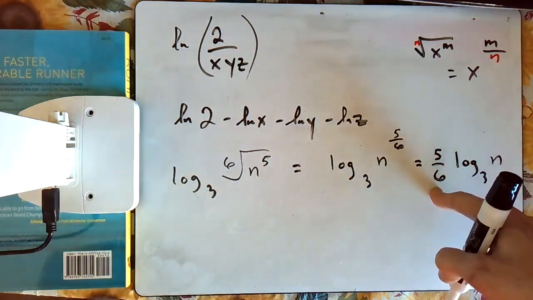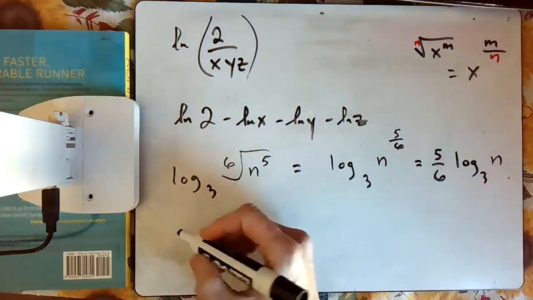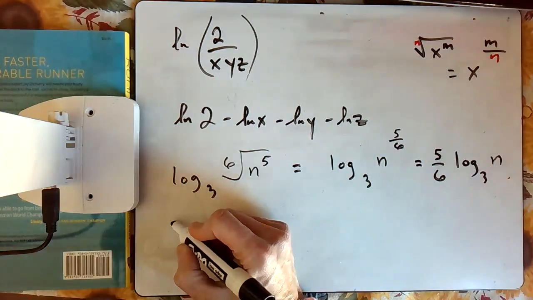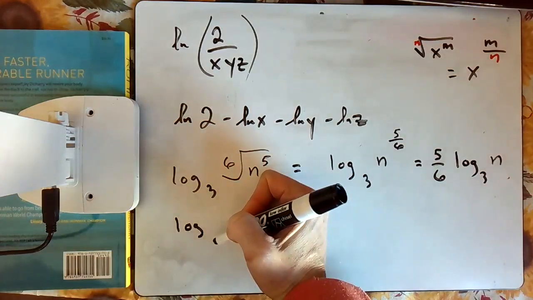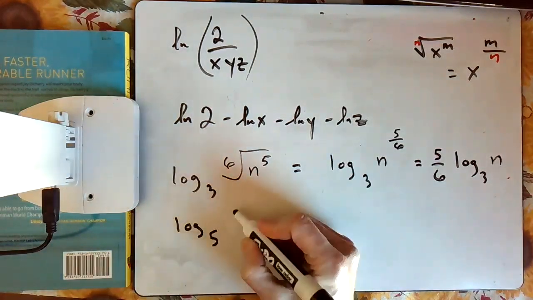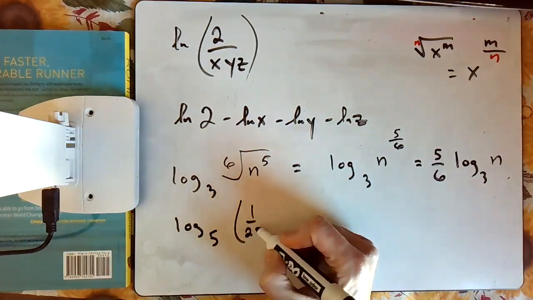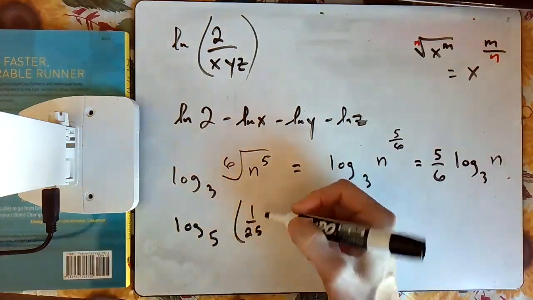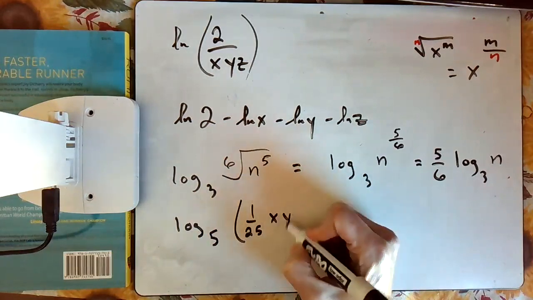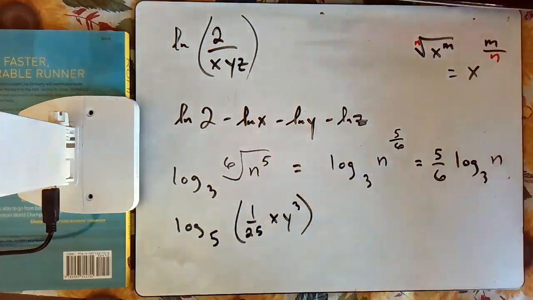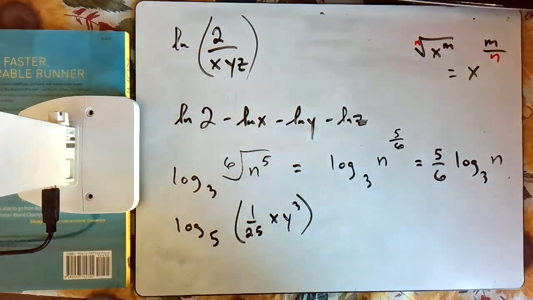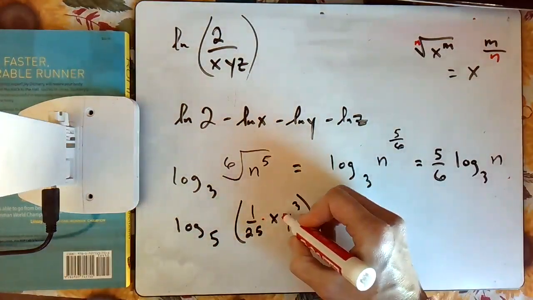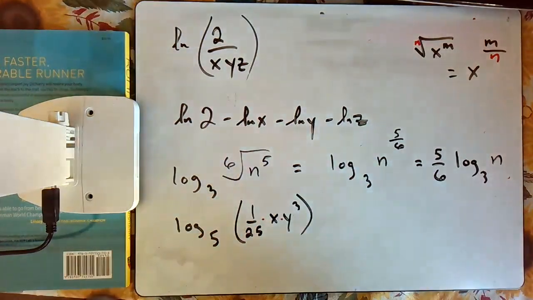All right, let us try one like this. So right now we have log base 5 of 1/25 times x times y cubed right here.